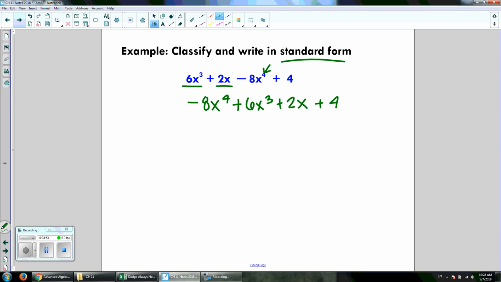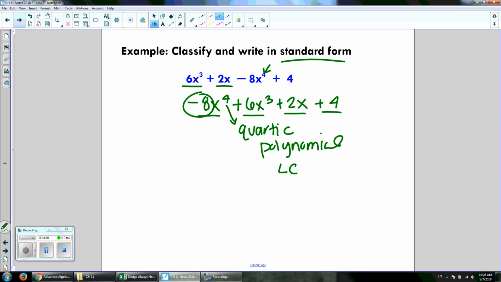So this is now in standard form, meaning that 4 is my largest exponent, so we call it quartic. Number of terms, 1, 2, 3, 4, makes that a polynomial. And then the leading coefficient is this number out front, a negative 8. So I'm going to call that a quartic polynomial with a leading coefficient of negative 8.